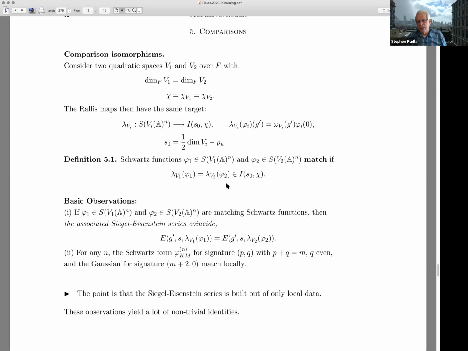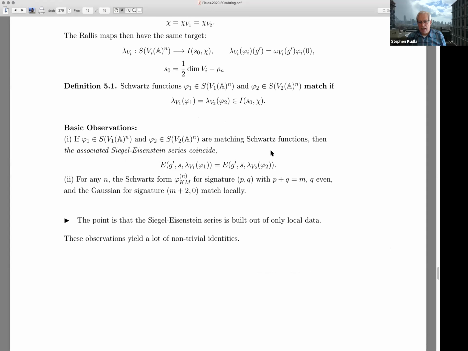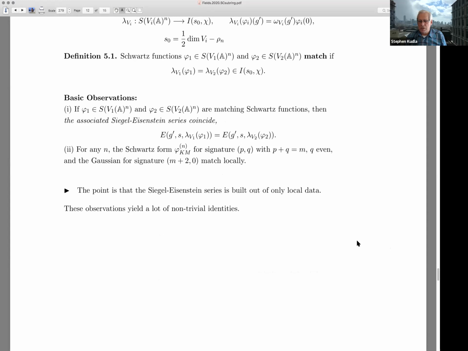Well, then I certainly know how to match at all the finite places because I just take the same Schwartz function. But it turns out that all these Archimedean Schwartz functions that I'm choosing, regardless of how you choose the Archimedean places, match. And that means that these theta functions, as soon as you have matching at all finite places, you just get identities between all these things.